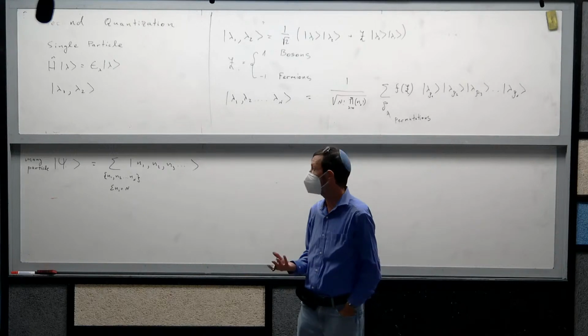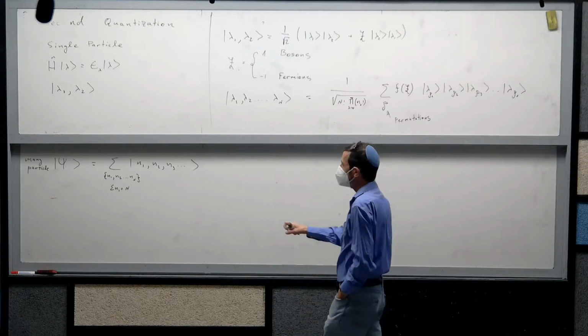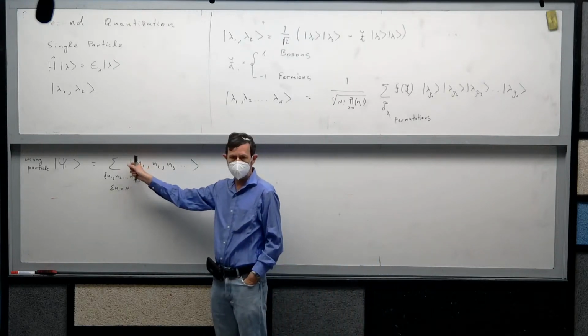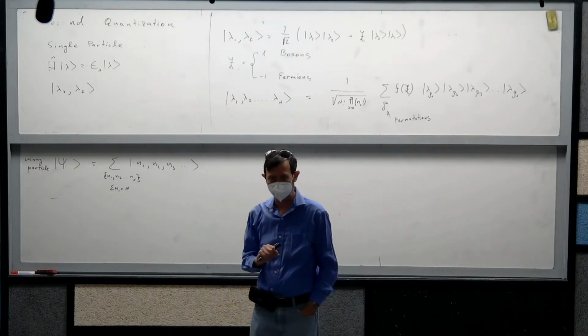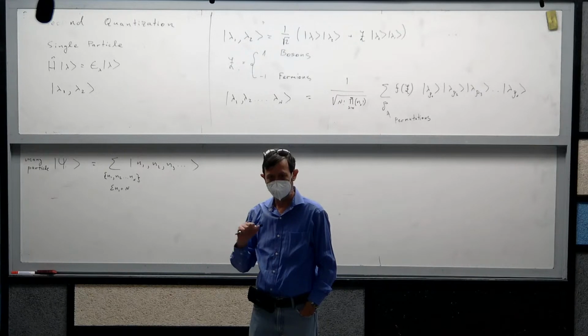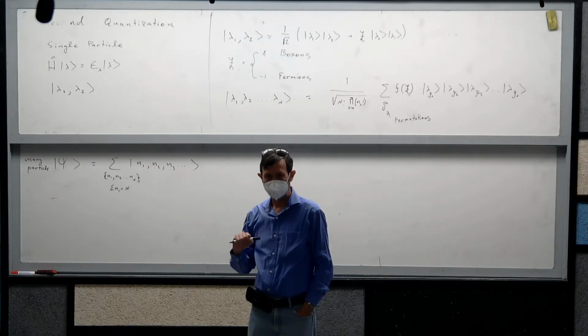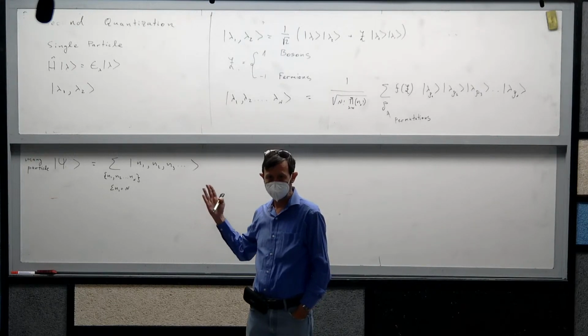Basically, I'm writing down: tell me how many particles I have in the first single particle state, tell me how many particles I have in the second, and so on and so forth.